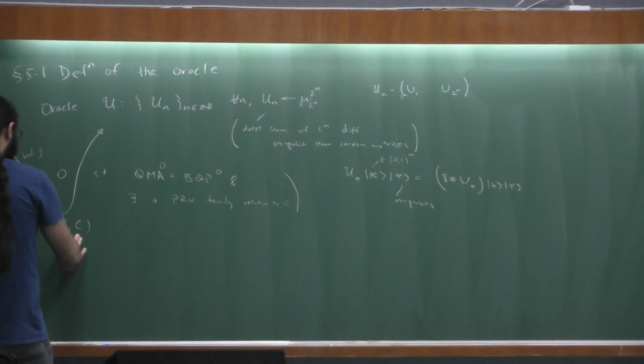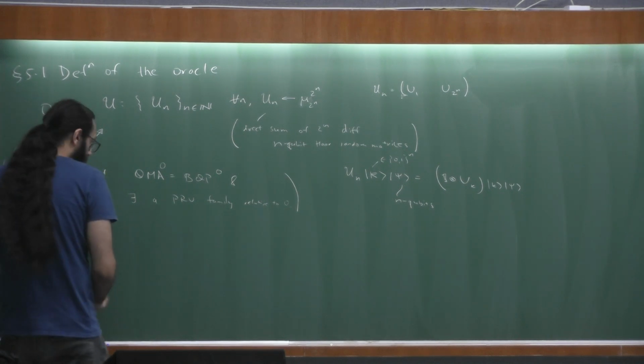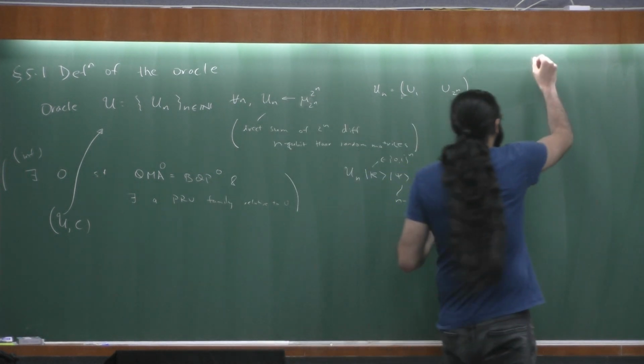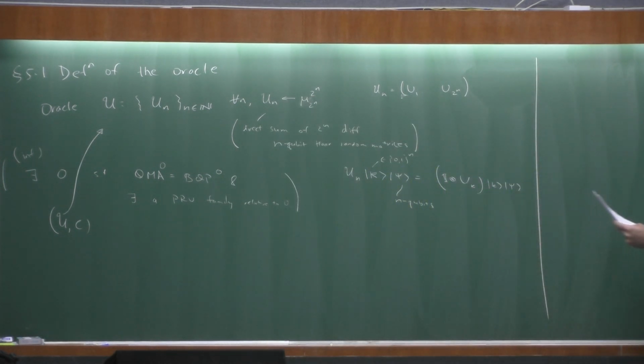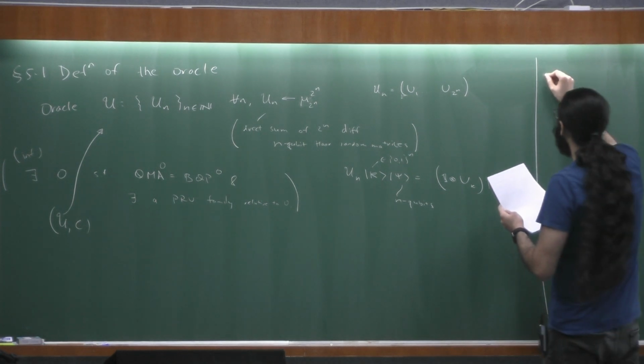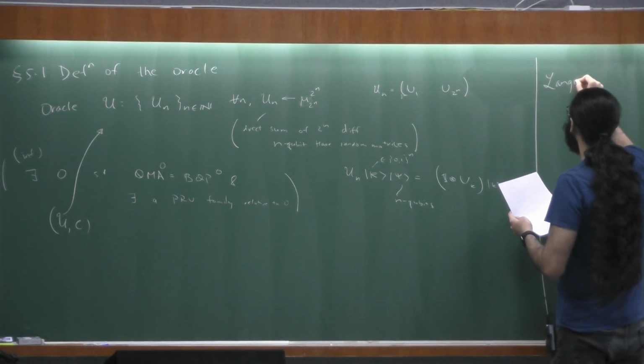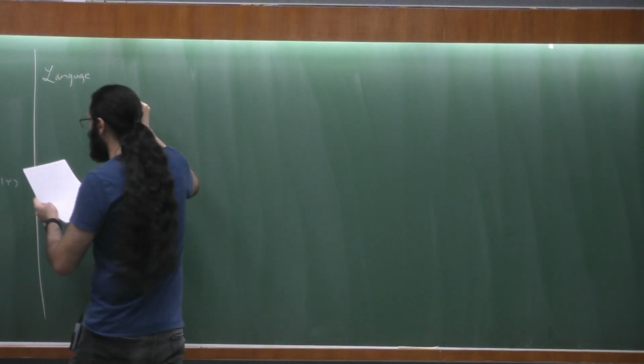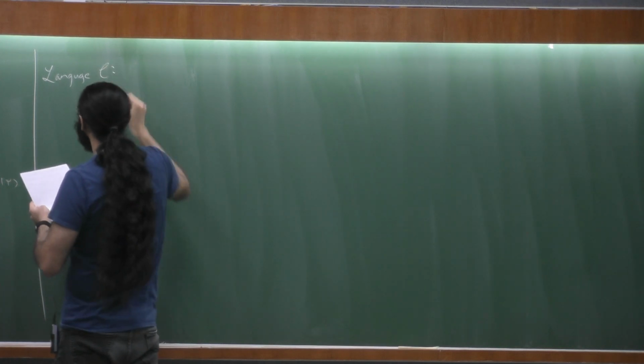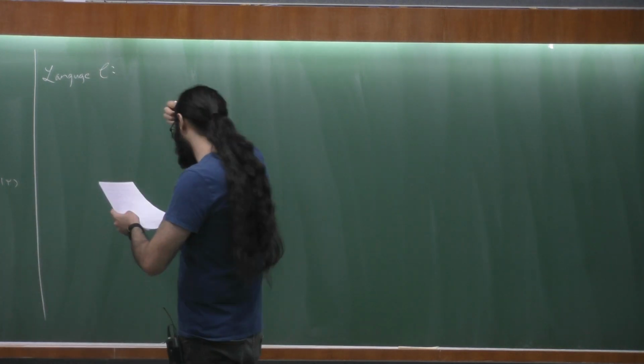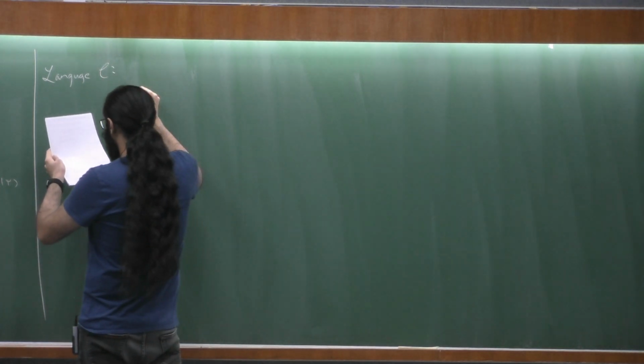We are yet to define the oracle C, and this part is a bit non-trivial. So let me write it down, and then I can give some intuition about what's happening. A classical oracle one can think of as a language, essentially.